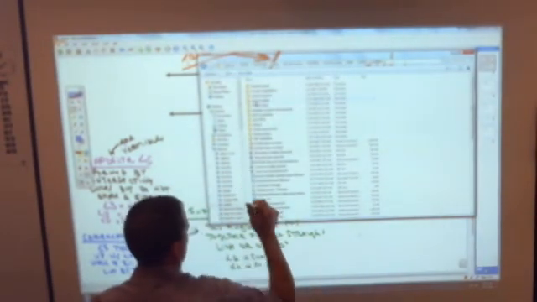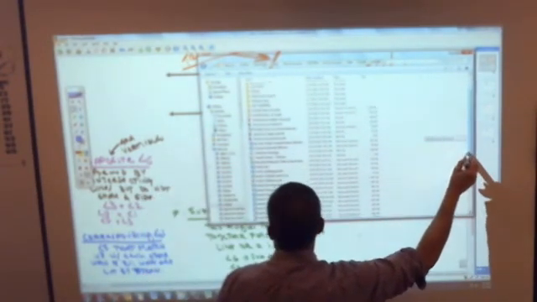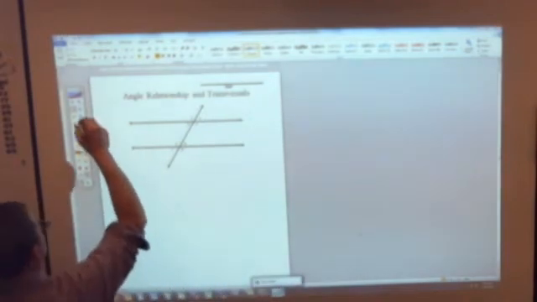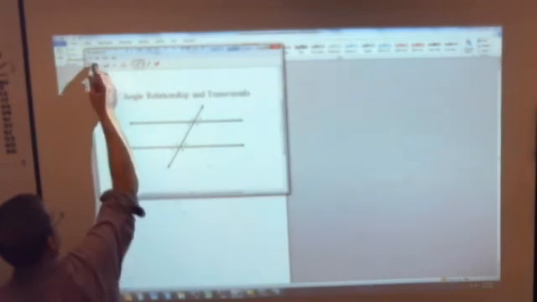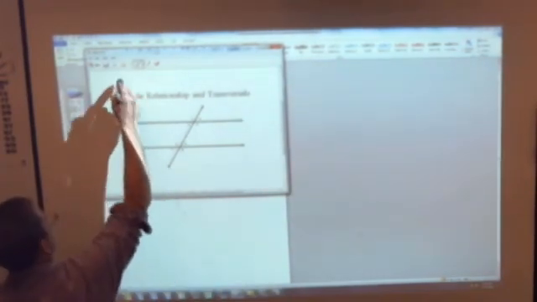Course 3. What lesson is this? 54. Angle relationships or transversal? I'm not sure which one it is. I'll probably guess the wrong one. There it is. Oops. That's not what I wanted. My favorite tool is? Oh, it's already there. Gosh. That's alright.